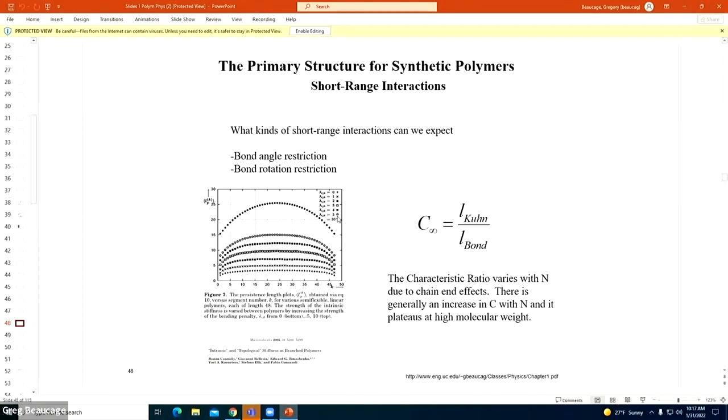So it must not be 1 over, it must just be proportional. The stiffer the chain, the more the persistence. So it drops, the larger that is, the more flexible the chain. If that gets larger, you go towards a small L0, and then C infinity is this L persistence over the bond, so that drops as you increase it. So larger persistence is more flexible. It's 1 over lambda. Oh, sorry.